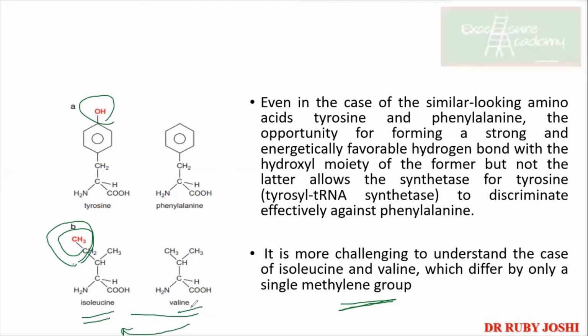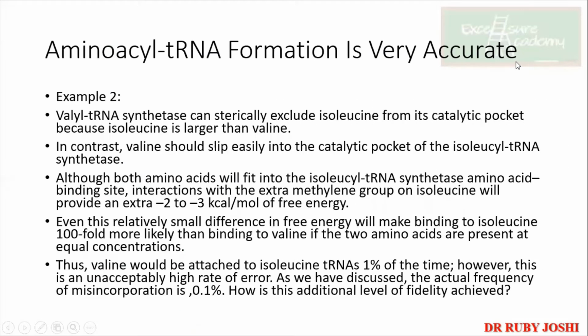If it is vice versa, again just because of the space limitation, the valyl tRNA synthetase and the isoleucine amino acid, if it comes, just because of the additional group, it won't be able to fit into the binding pocket of the valyl tRNA synthetase and vice versa. Okay, simple. So this is how it is maintaining the high fidelity in charging the tRNA.